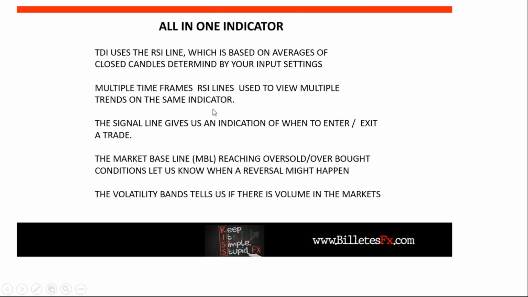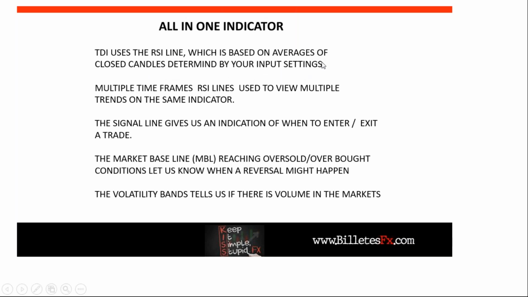TDI uses, and I'm going to break down what each line means. I'm going to keep it simple, and then we're going to hit the charts. But at least you'll have an idea of what's going on with the TDI indicator. The TDI uses the RSI line, which is based on averages of the closed candles determined by your input settings.